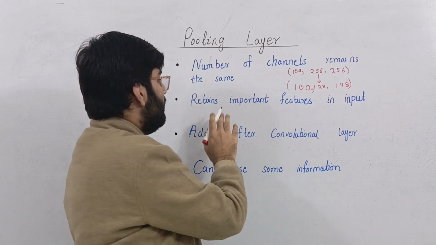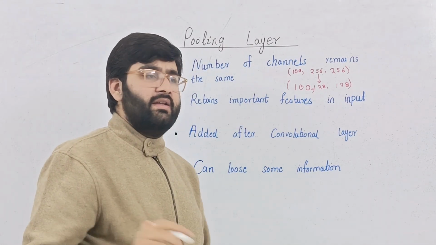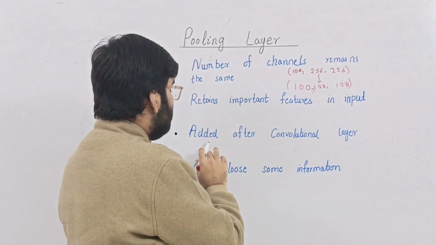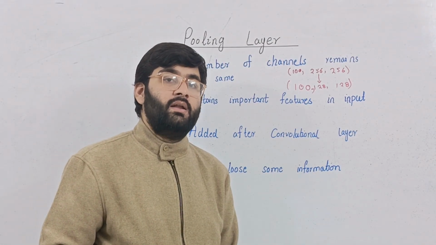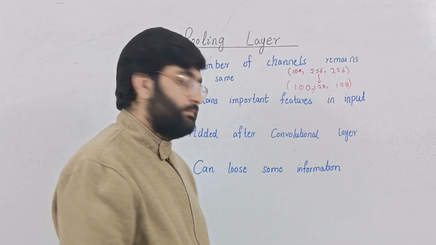The pooling layer will always retain important features in the input, such as the edges, the textures, the shapes. It is always added after the convolutional layer. This is a design principle. Adding it somewhere else might make it vague.